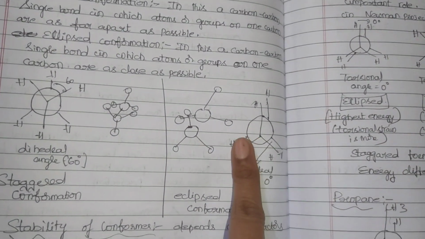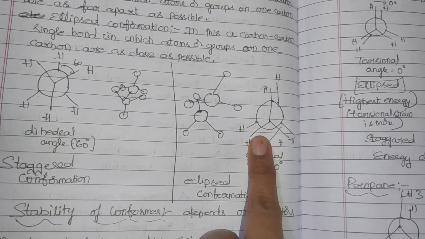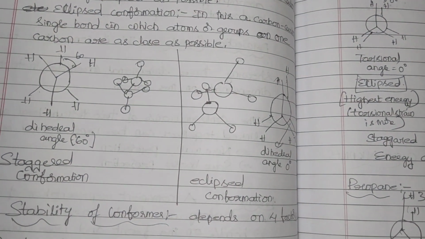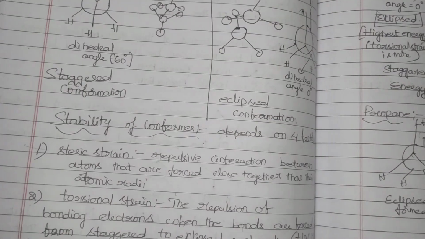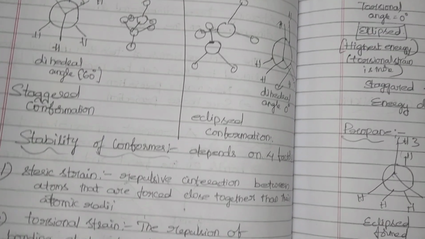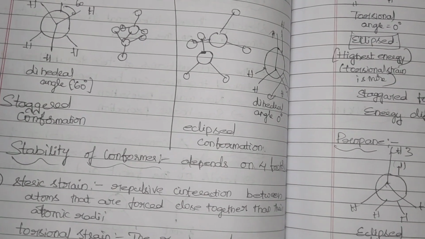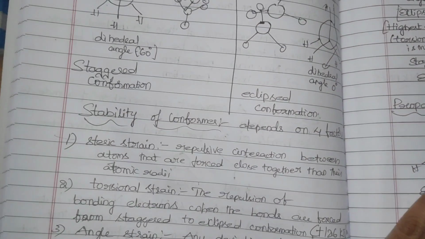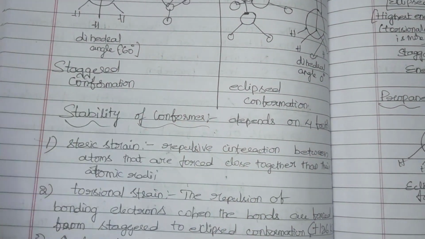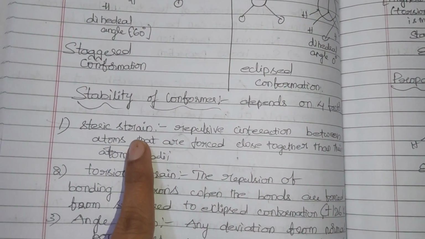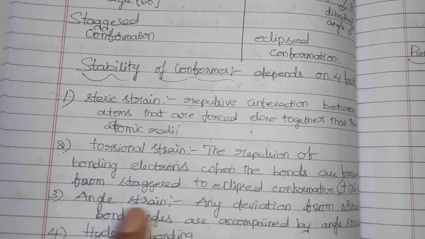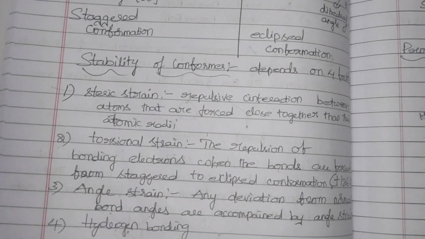Because in eclipsed conformation the carbon-carbon single bonds are very near, electrostatic repulsion is created. Let's see how the stability depends on four factors: steric strain, torsional strain, angle strain, and hydrogen bonding.